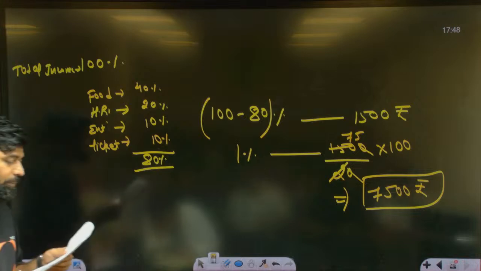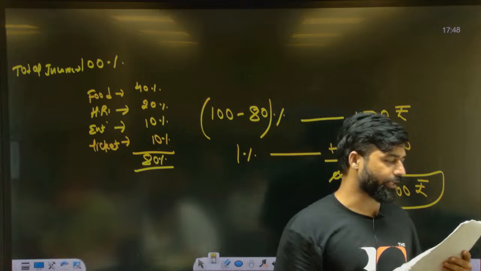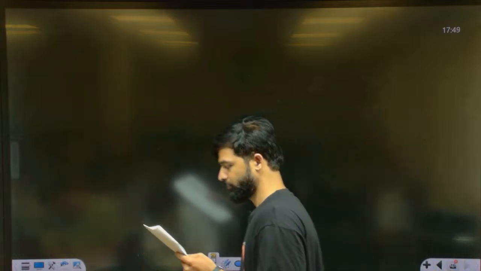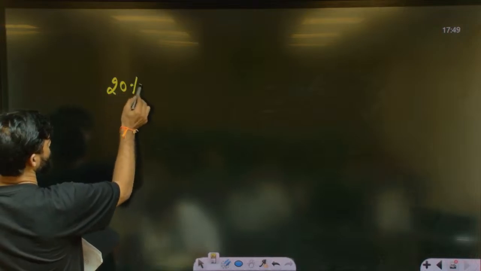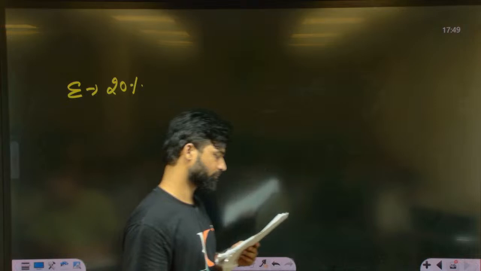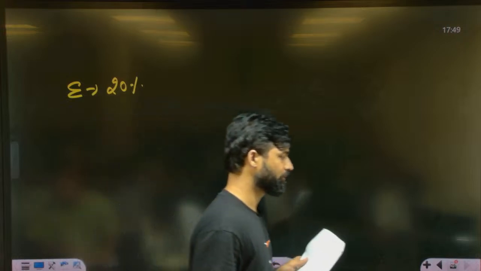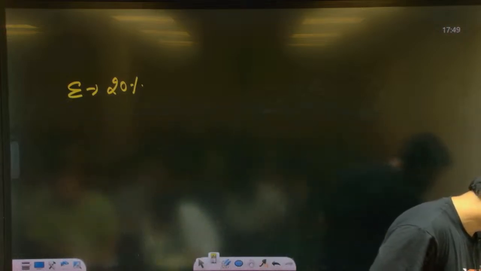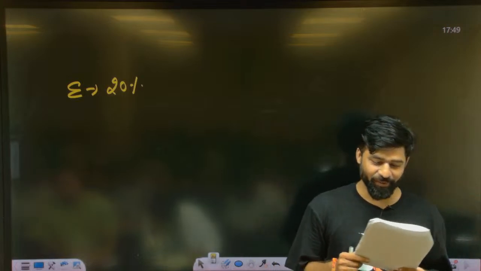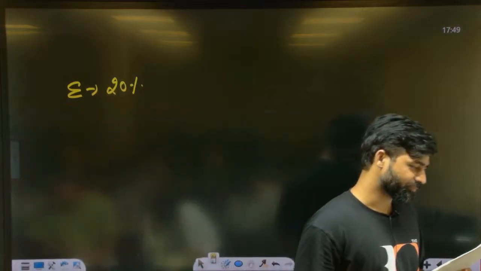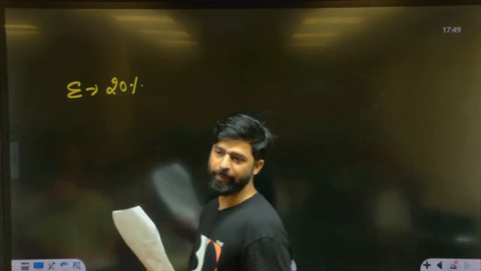A person gave 20% of his income to his elder son, 30% of the remaining to his younger son, and 10% of the balance he donated to the trust.